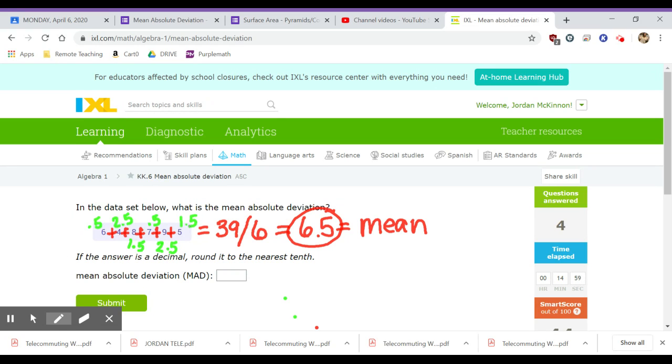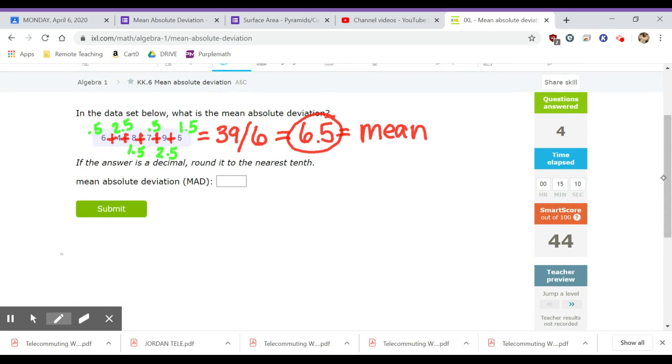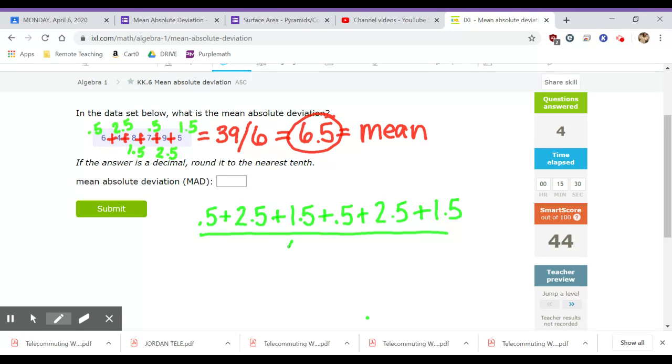Okay, so I'm going to take all my new numbers and I'm going to add those together and I'm going to divide by how many I have to find the mean of those numbers. So let's move that thing down. Okay, ready? So 0.5 plus 2.5 plus 1.5 plus 0.5 plus 2.5 plus 1.5. And I need to divide this all by 6.